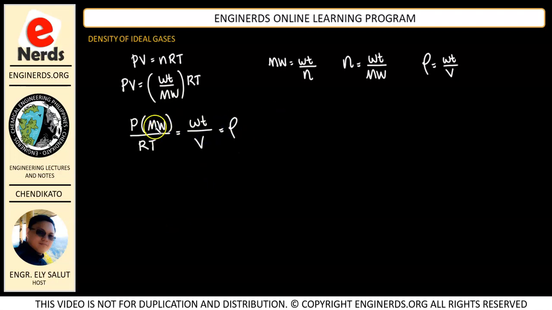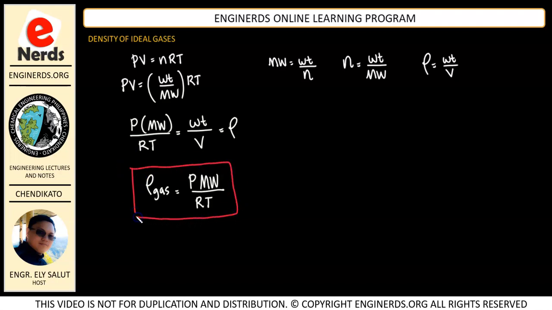So therefore, for ideal gases, the density of the gas is equal to the pressure times the molecular weight of the gas, divided by RT. So ito yung ating formula for getting the density of our ideal gas.